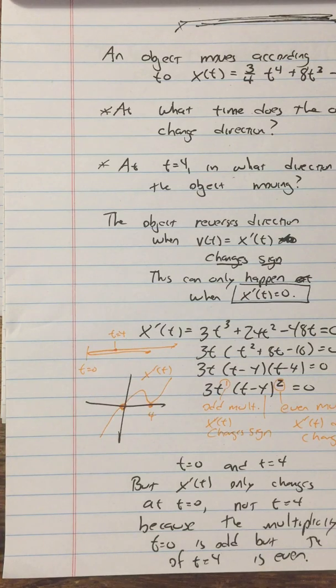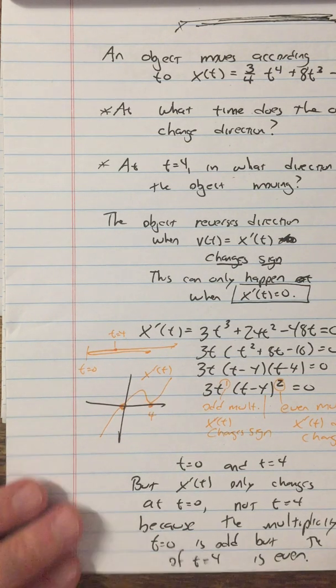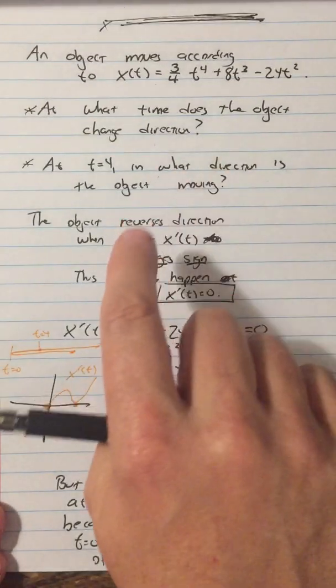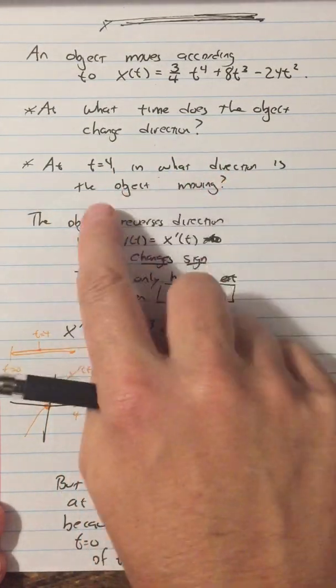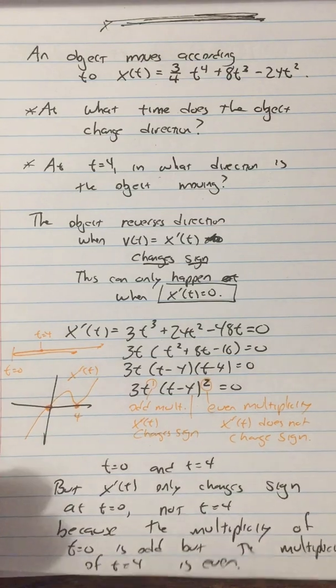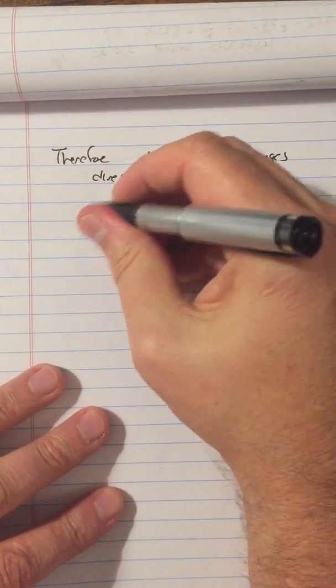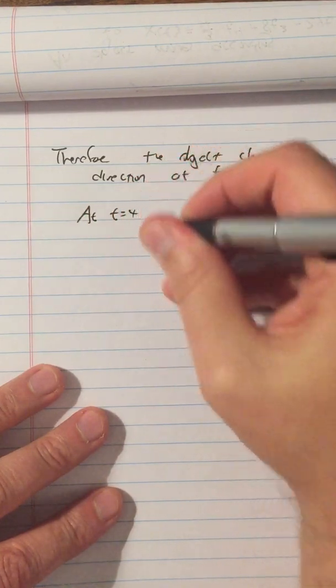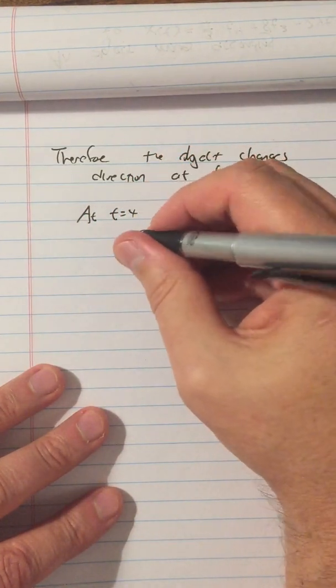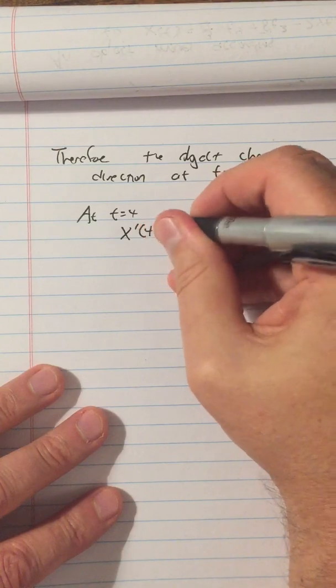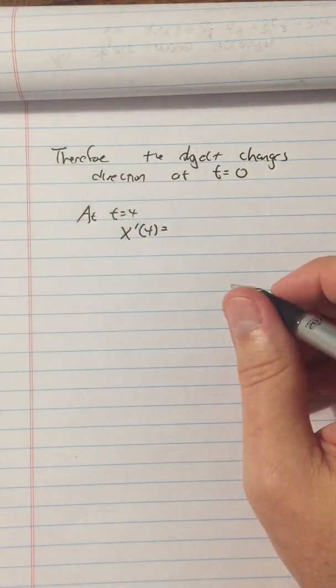Do I have anything else to say about that? Oh, then there's the second question. At t equals 4, in what direction is the object moving? At t equals 4, x prime of 4 equals, what do we say x prime of t was?